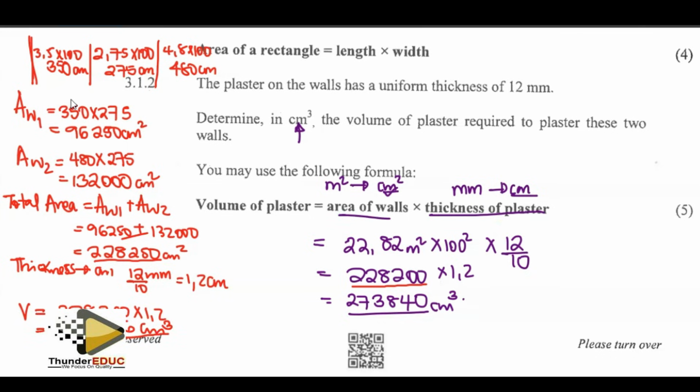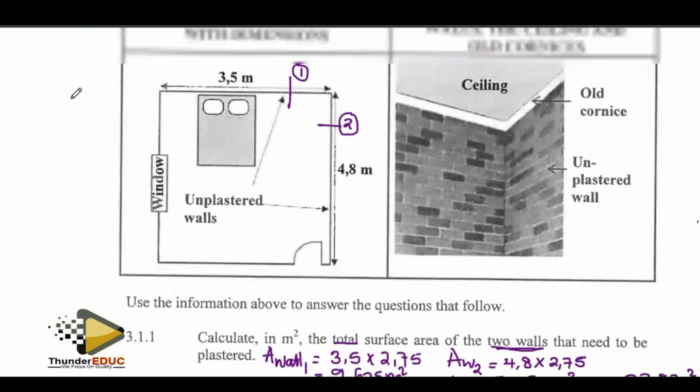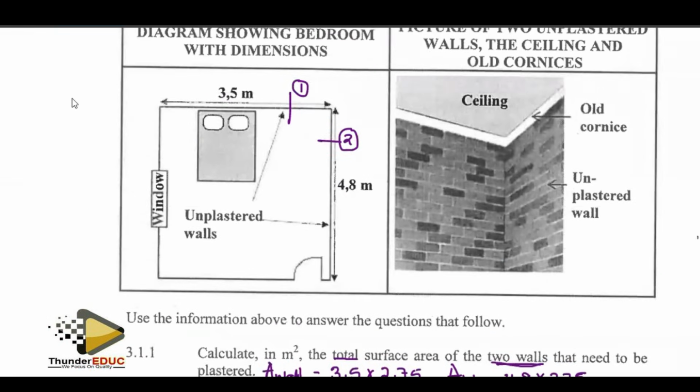This is when someone changes the measurements that we have already here. We change this to centimeters, which is 3,5 times 100, 4,8 times 100 centimeters.